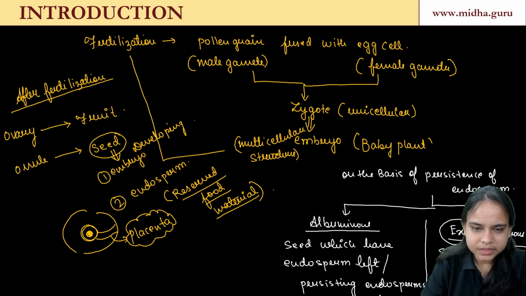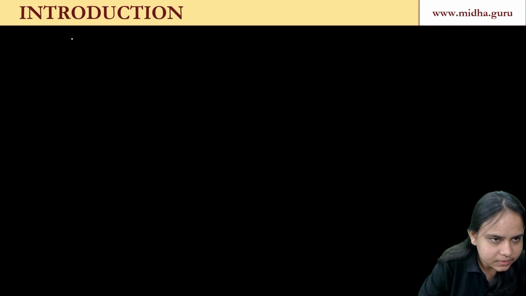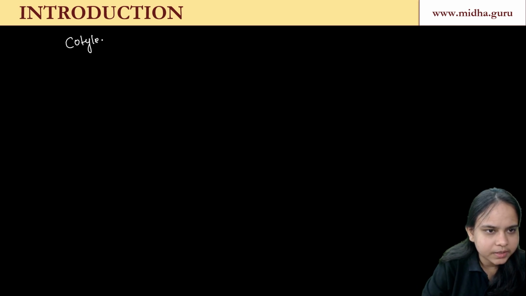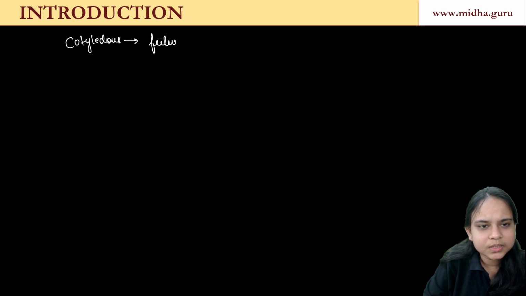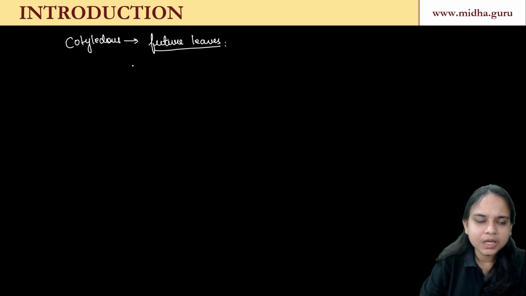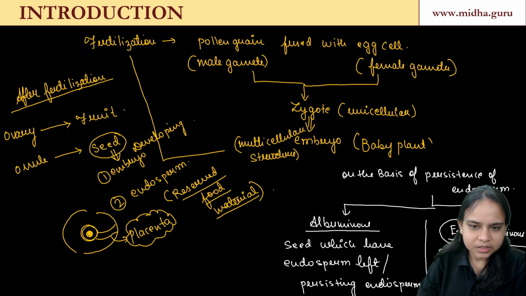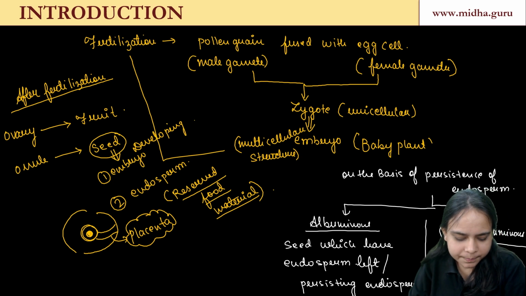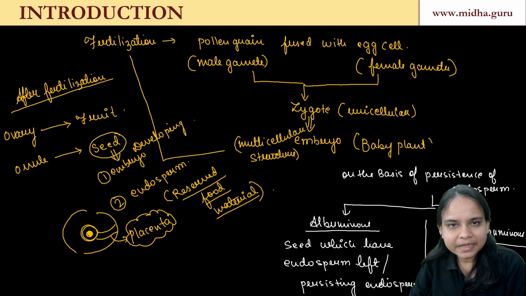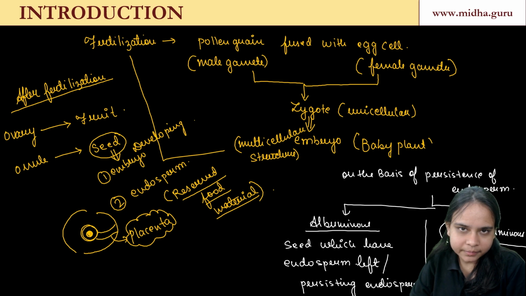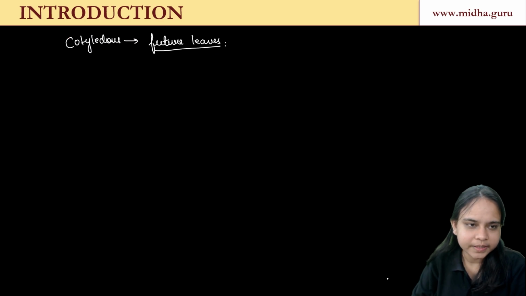Next we come to the cotyledons. Okay, what are cotyledons? Cotyledons are the future leaves. Now, as we have already categorized seeds on the basis of the persistence of endosperm, now we will be categorizing seeds on the basis of another parameter, that is on the basis of cotyledon.